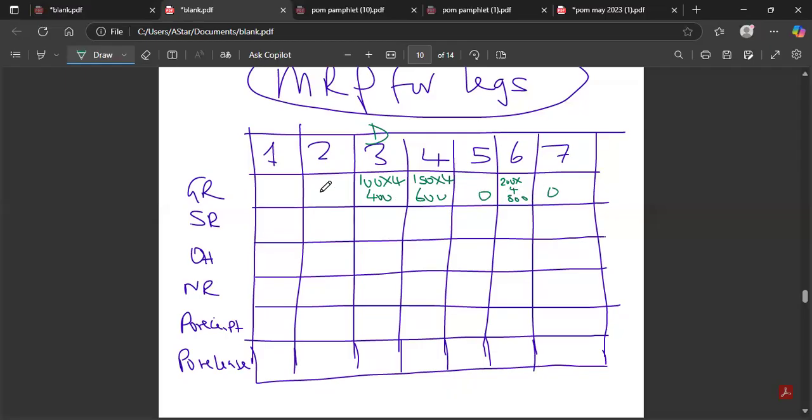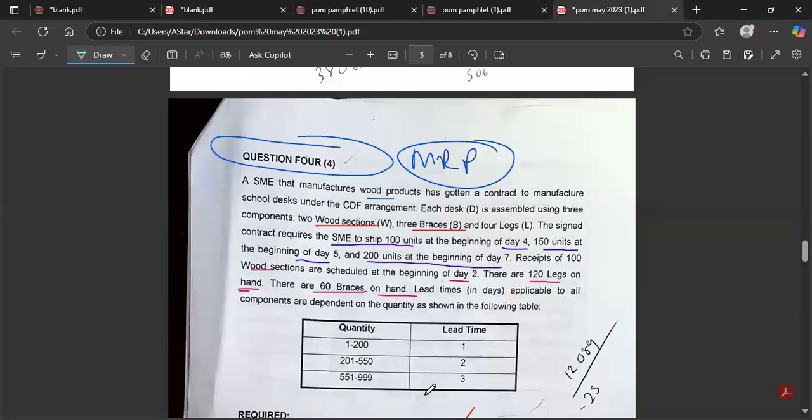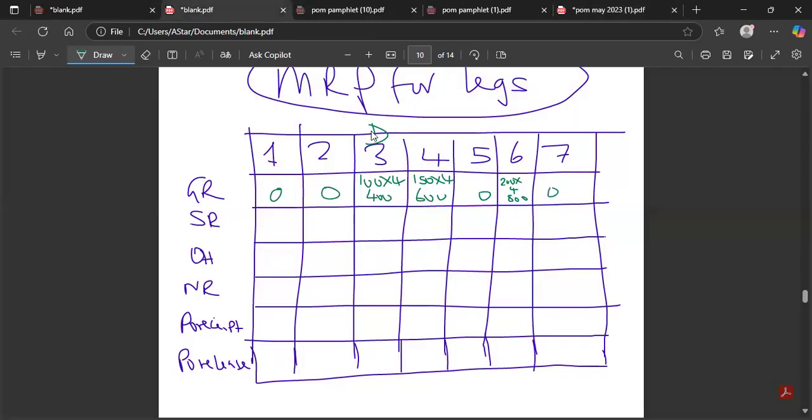The rest here are zeros. Let's check if we have any scheduled receipts here for the legs. For the legs, what are we having? There are 120 legs on hand. So we don't have scheduled receipts, just on hand. So come here and put 120 legs on hand. The scheduled receipts are zeros.